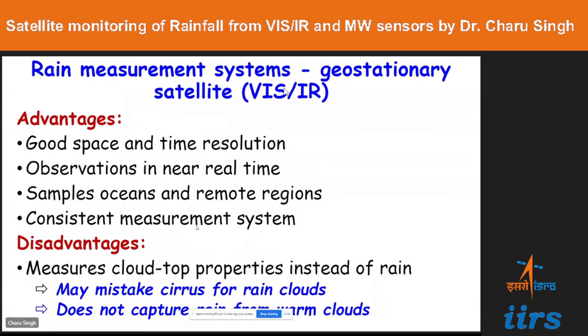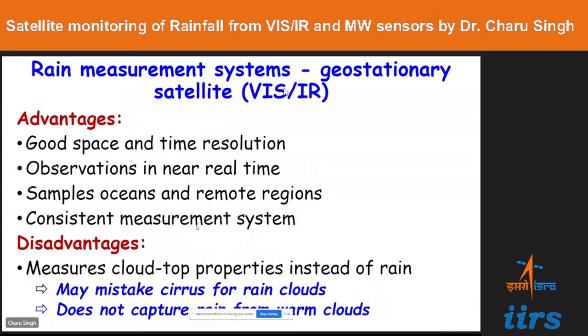So visible and IR sensors, if onboard the geostationary satellites, here are the advantages: good space and time resolution from the visible and IR based data set, observations in near real time, it samples the ocean and remote regions, and geostationary satellites provide a consistent measurement system because they are fixed with respect to one position on the Earth.